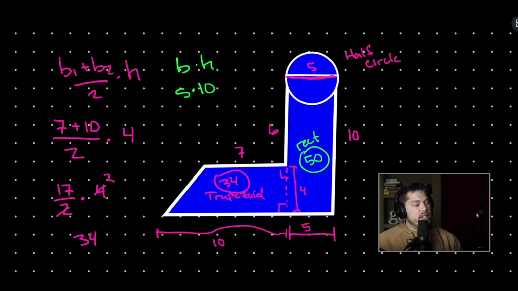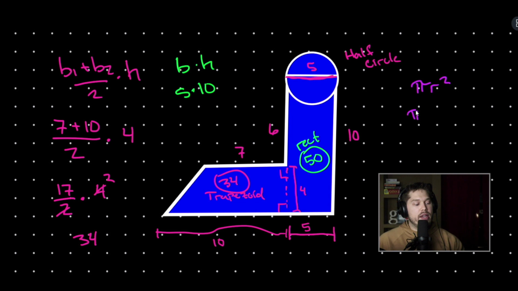And then lastly, we have our half circle. So the area for our circle is pi times your radius squared. So we have our full length, we have our diameter. Your radius is half your diameter, so our radius in this case is 2.5.